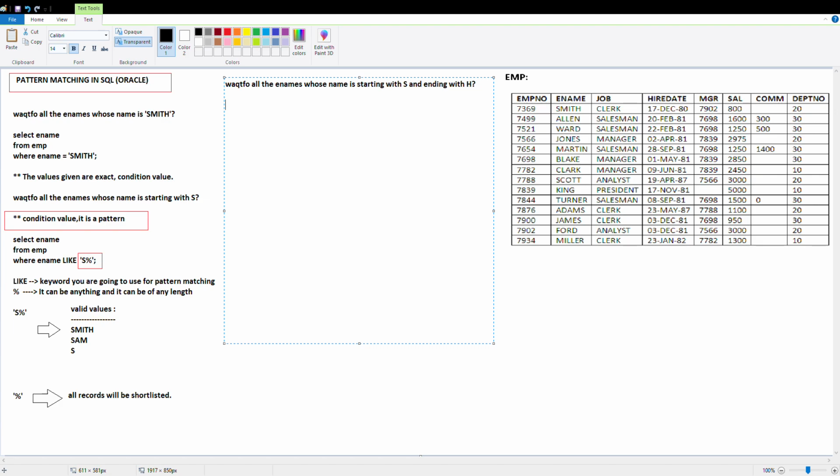I'm not giving you an exact value, like King, Scott, or something. I'm just giving you a pattern. It should start with S, it should end with H. So it can be Sarah, it can be Smith, any kind of name.